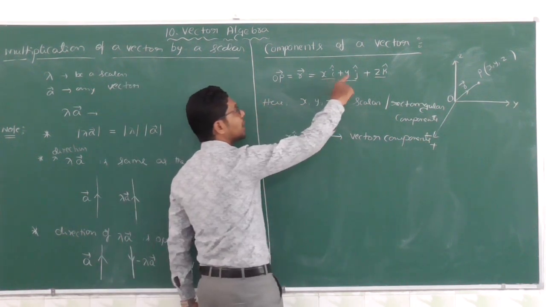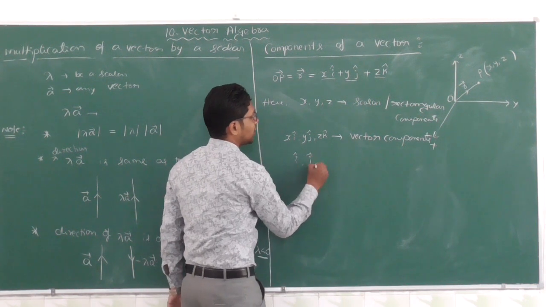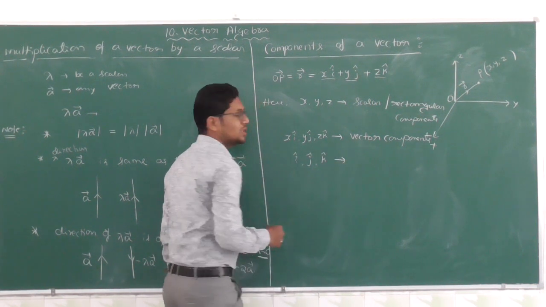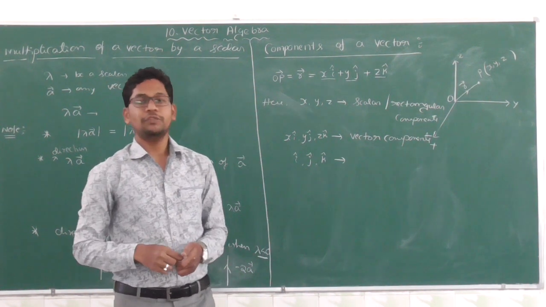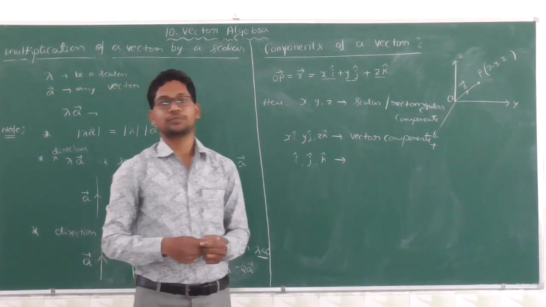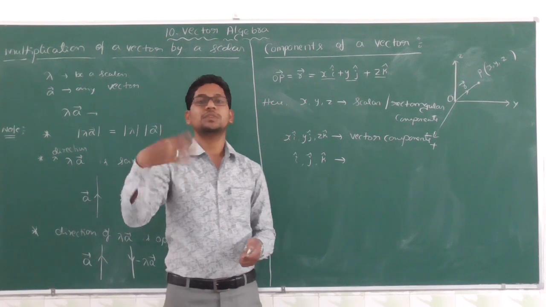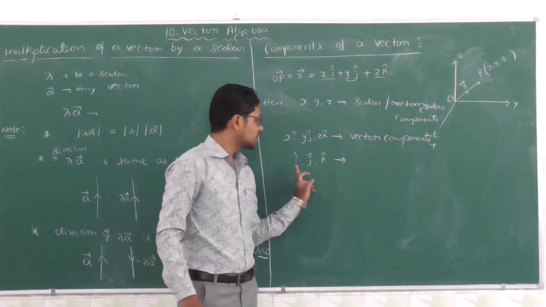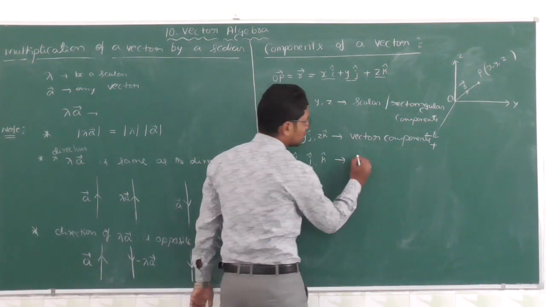Here we have i cap, j cap, k cap. What are i cap, j cap, k cap? I already told you in the first class itself. A unit vector is denoted by a cap, like a cap, b cap, c cap. Similarly, i cap, j cap, k cap are the unit vectors.